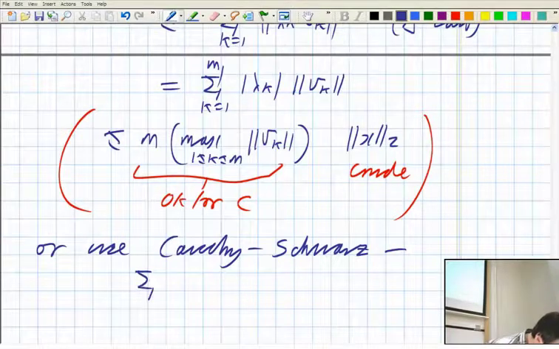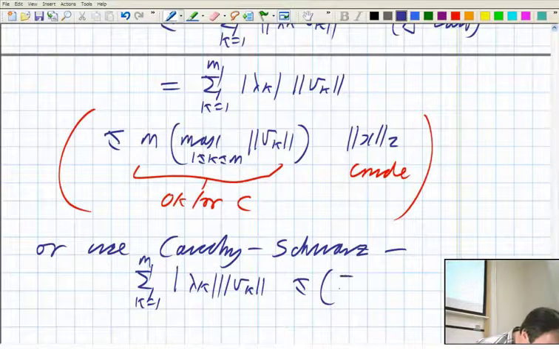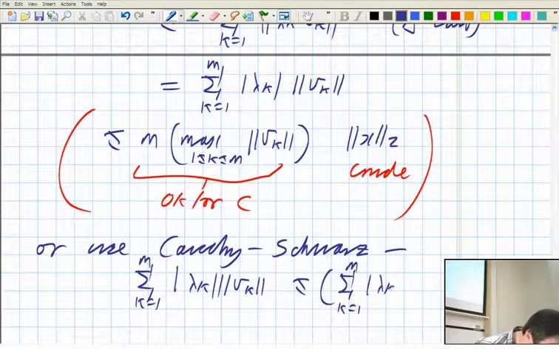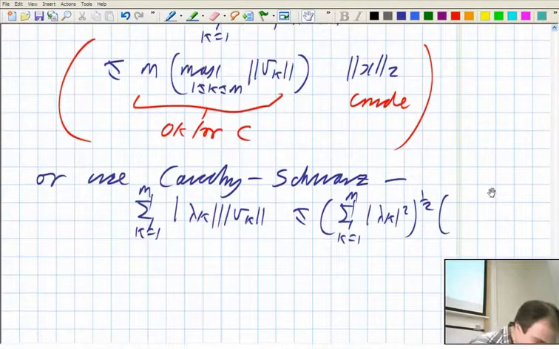The sum from k equals 1 to m of mod lambda k norm vk is actually less than or equal to, by Cauchy-Schwarz, the sum from k equals 1 to m of mod lambda k squared to the half times the same thing with the norm vk's.